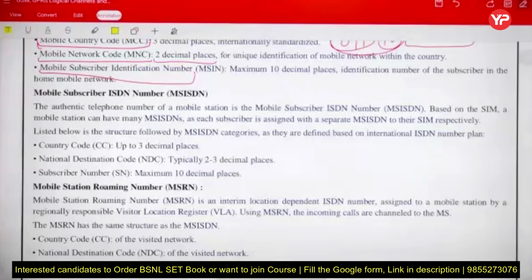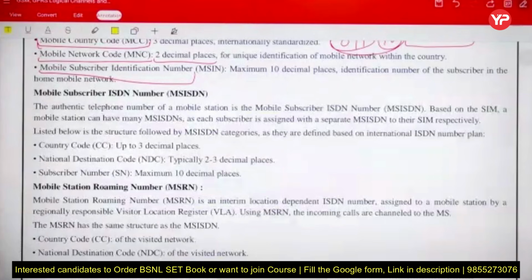To authenticate a telephone number, a mobile station identity is also given, which has the country code of up to 3 decimal places, then the national destination code, and then a subscriber number, which is also 10 decimal places. It is similar to the previous one.